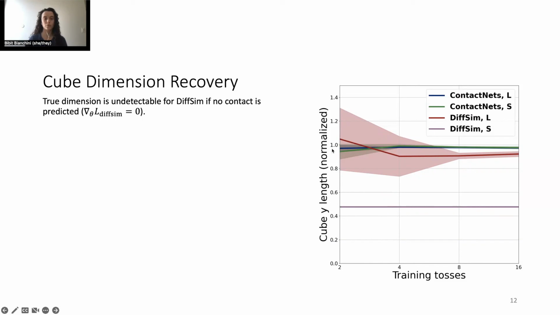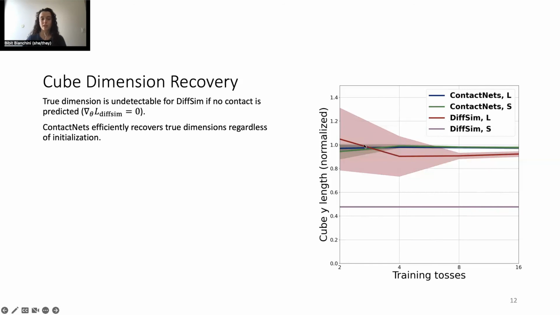The true value is 1, and it starts at something like 0.45. No matter how many tosses we see, differentiable simulation cannot learn that it needs to go to a higher parameter. This is because, like we discussed, the loss gradient is completely uninformative.